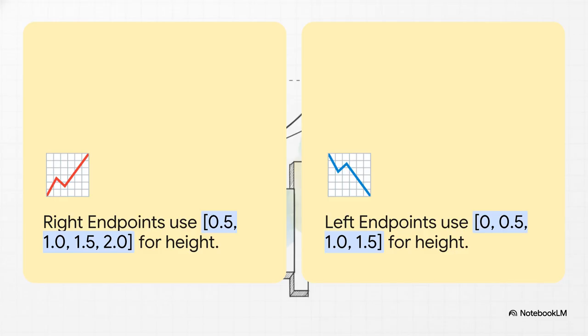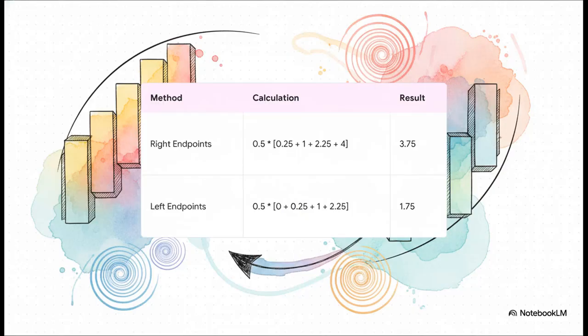We're now using 0, 0.5, 1.0, and 1.5. And would you look at the difference that one little change makes? Our right endpoint method gave us 3.75, but the left endpoint method, with the same function and the same number of rectangles, gives us a way smaller answer, 1.75. That is a massive difference.